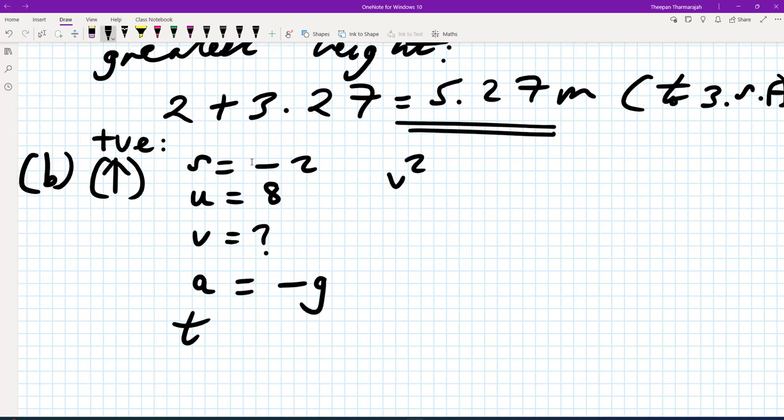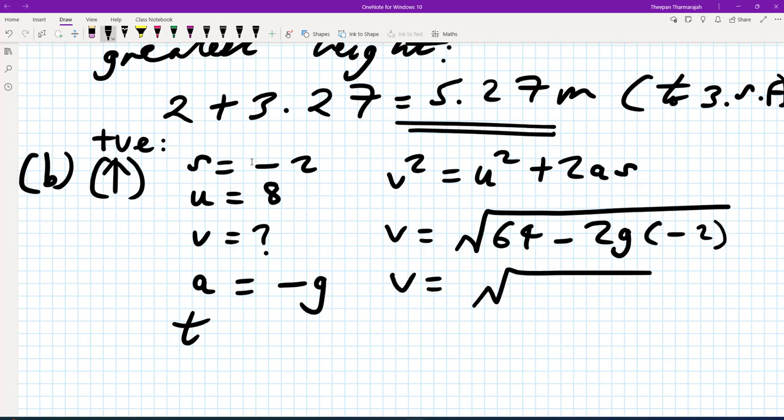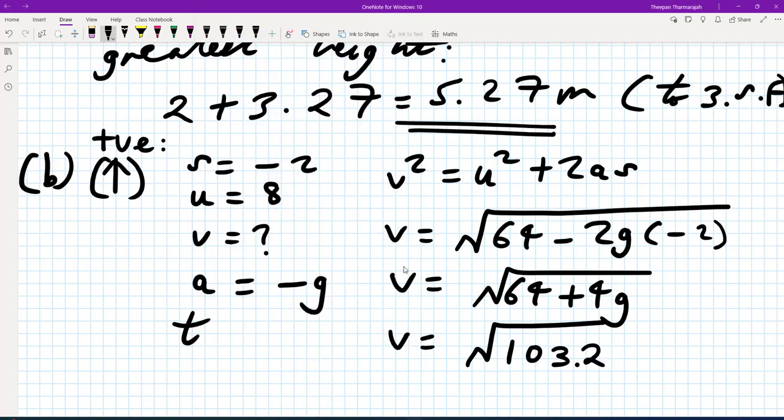So we're going to say that v squared is u squared plus 2as. So v would be the square root of 8 squared, which is 64, minus 2g times the value of s, which is minus 2. So v is the square root of 64 plus 4g. We could write 64 plus 4 times 9.8, which is 103.2, square rooted.